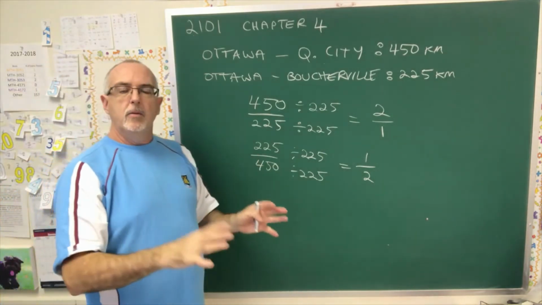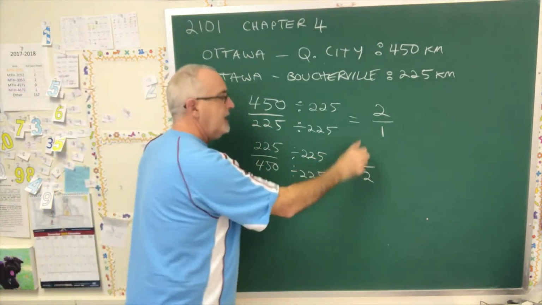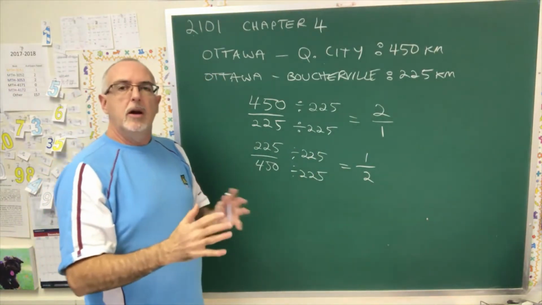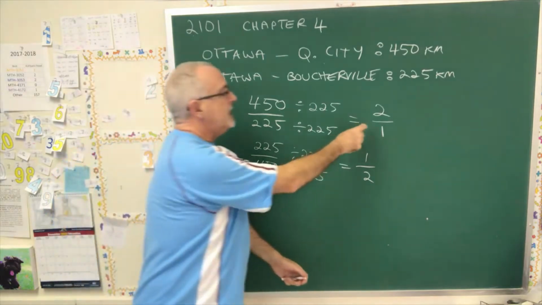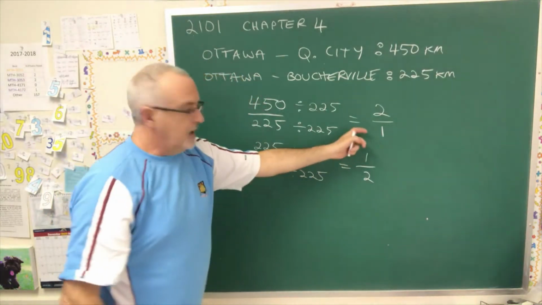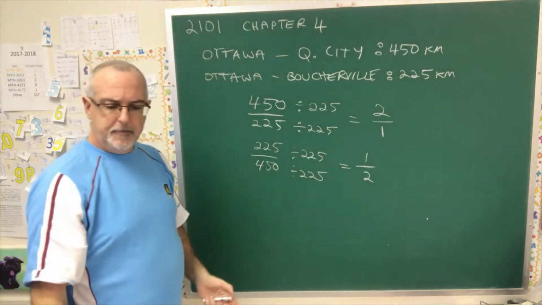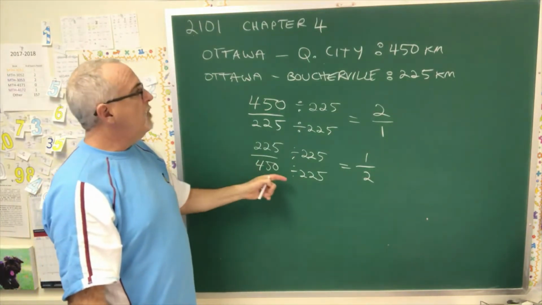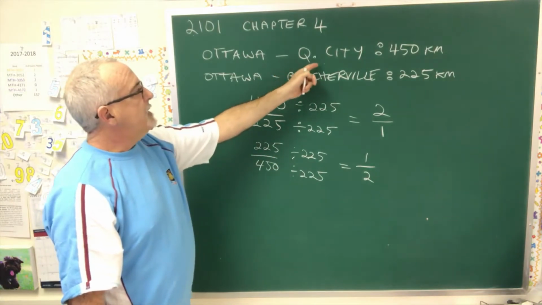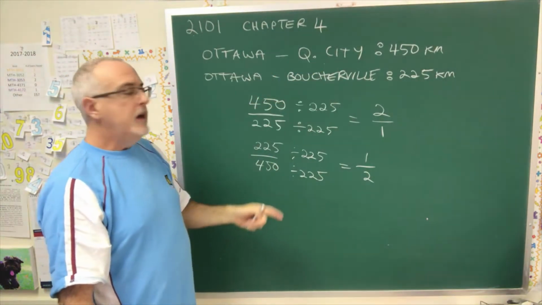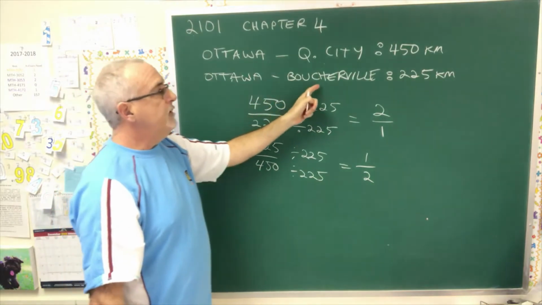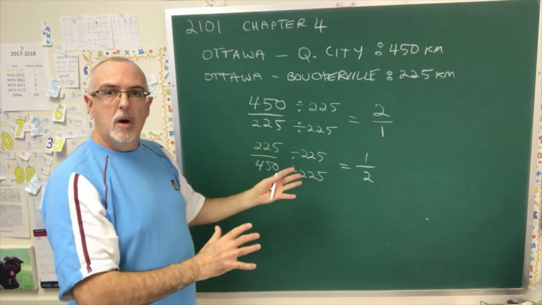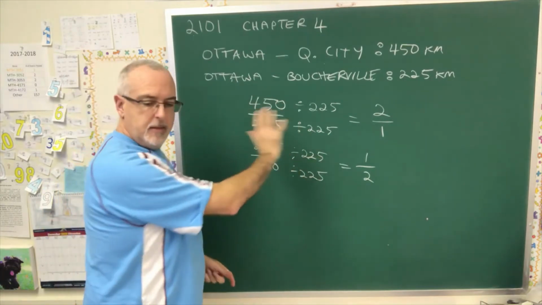But often with ratio and proportion, because it really does work both ways, the questions don't specifically tell you how they want you to arrange it, and that means that different students can give slightly different answers and both be correct. So if you live in Ottawa, Quebec City is twice as far as Boucherville. If you live in Ottawa, Boucherville is half as far as Quebec City. So we have words that can go with these numbers and with this math.